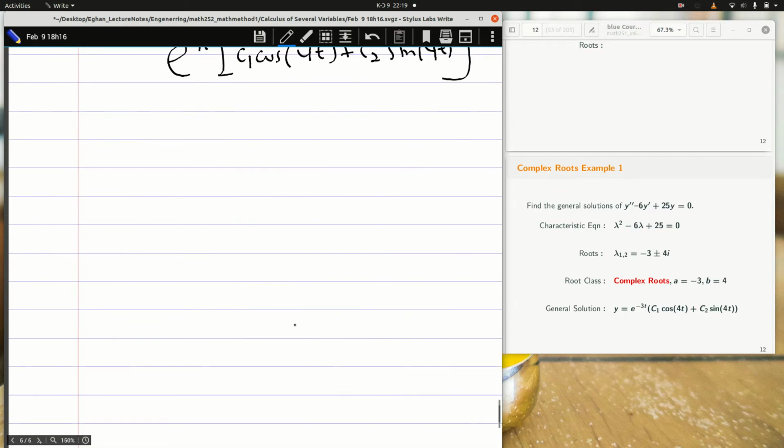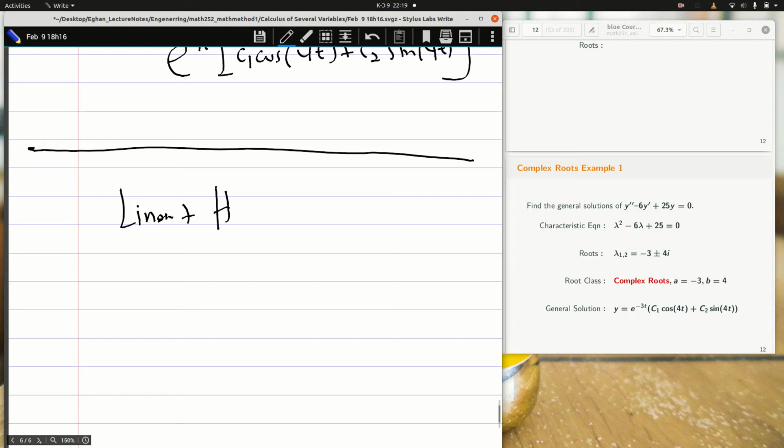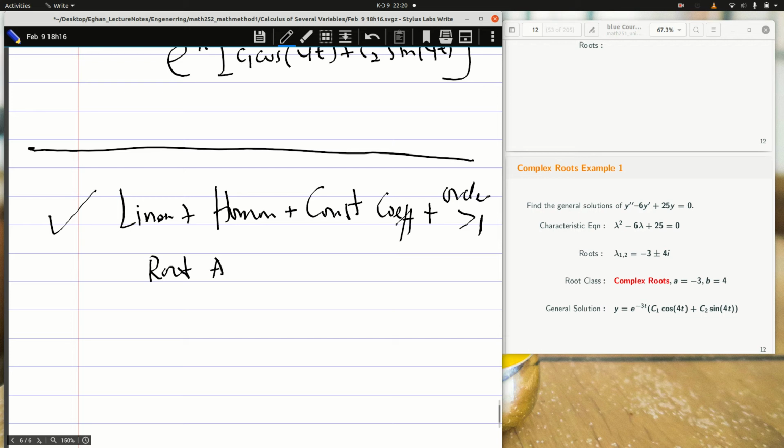Please don't forget that. If it is linear, if it is homogeneous, it has constant coefficients, and then the order is greater than 1, so order 1, 2, 3, 4, 5. If this is satisfied, then I can use the roots approach or root solution.